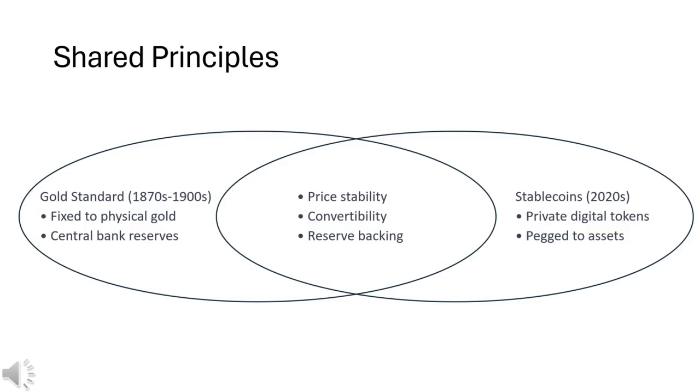Central banks held reserves and committed to redeeming notes at anchored rates, restricting money supply growth to the pace of gold mining. Stablecoins are privately issued digital tokens pegged to specific assets, typically fiat currencies like the US dollar or commodities like gold. Despite structural differences, both systems rely on convertibility promises, reserve backing, and users' confidence in the integrity of backing arrangements.